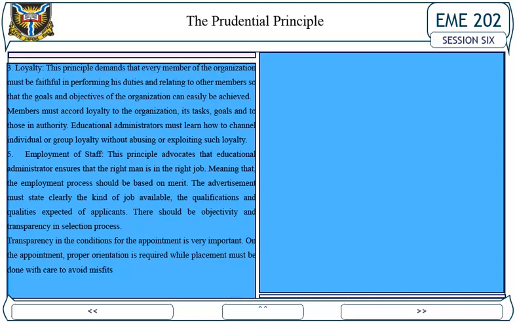For instance, in the school system, there should be clear delineation of duties and limits of authority for every staff to avoid overlapping and duplication of effort, which could lead to goal displacement and confusion.